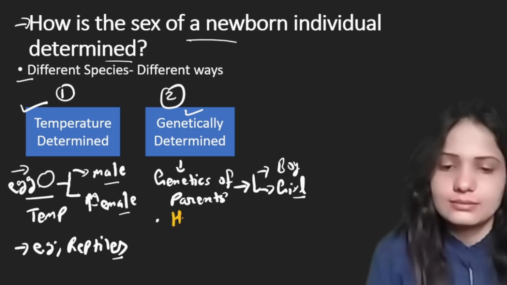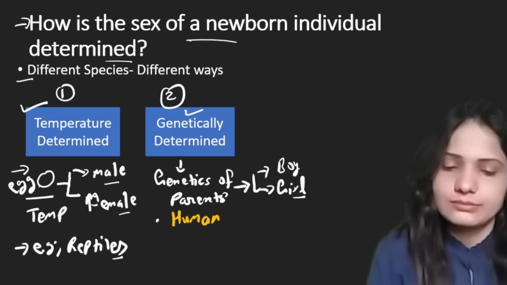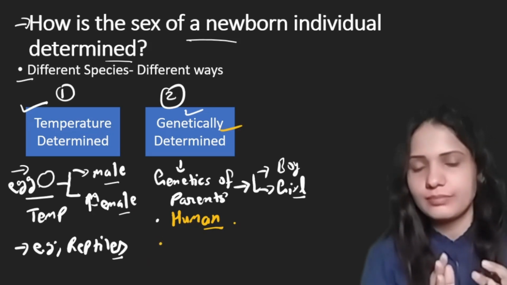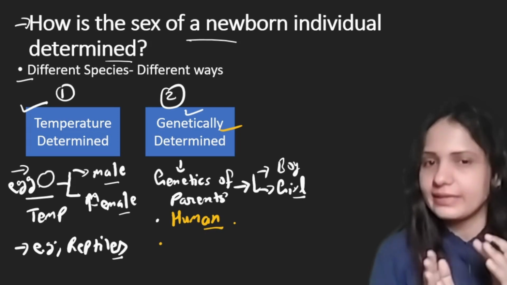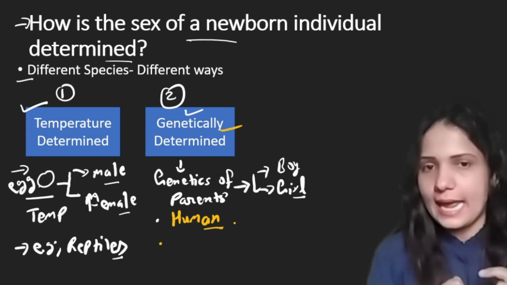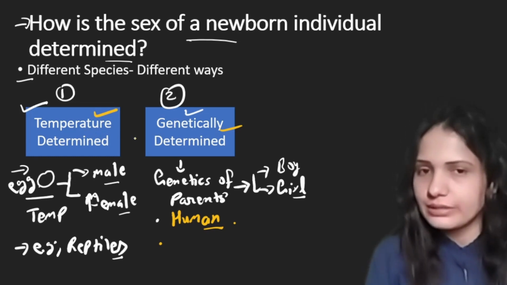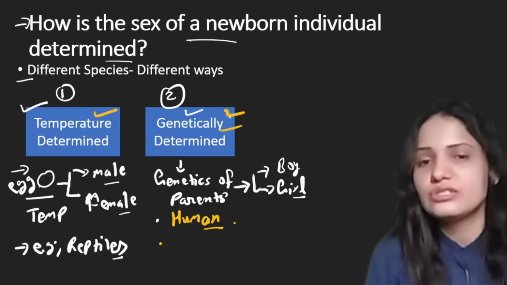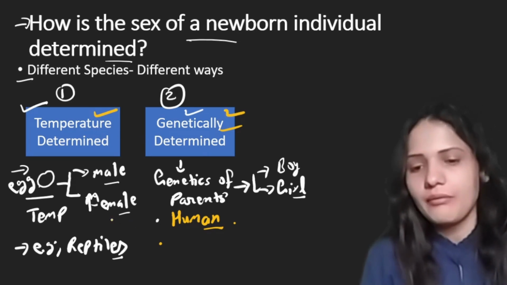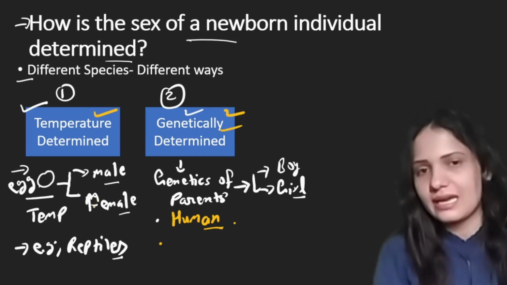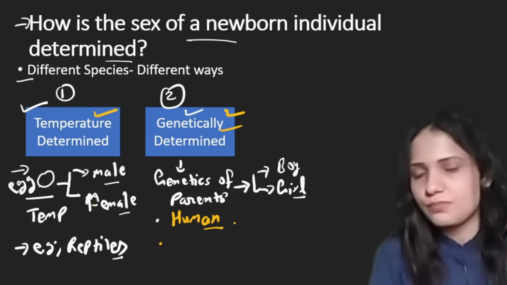So our sex is determined by the genetics of our parents. We have two types of determination here. One is temperature based and second is genetics based. One is determined by temperature and second is decided by genetics of parents.